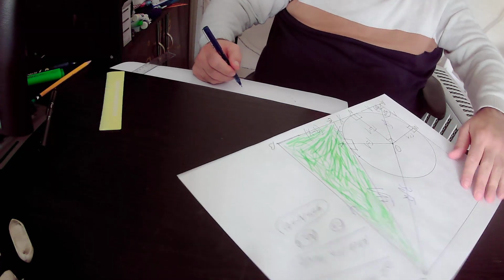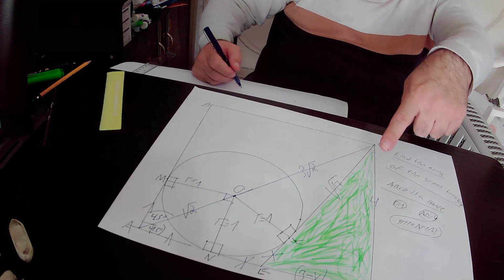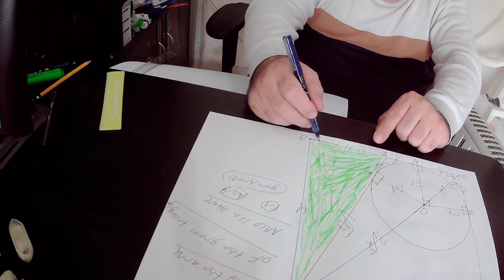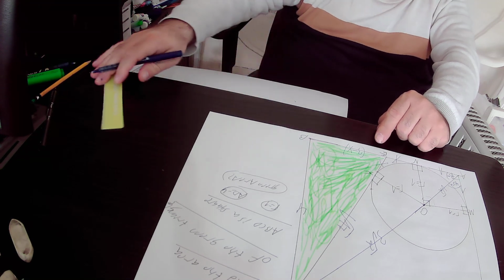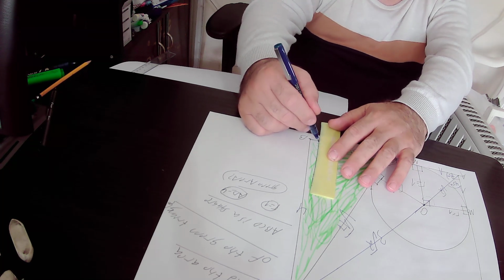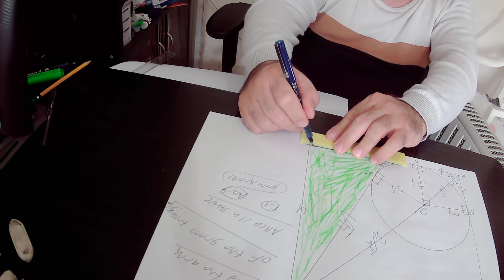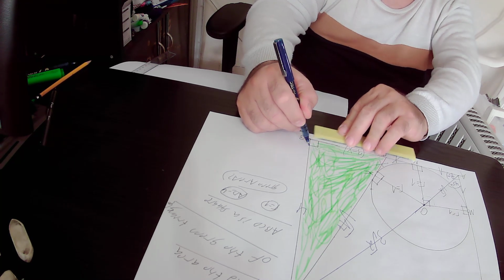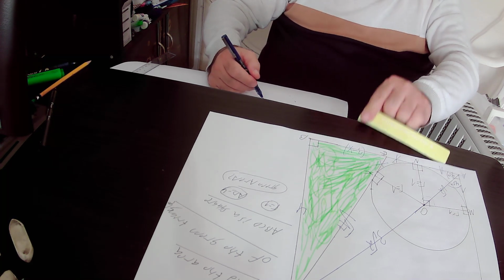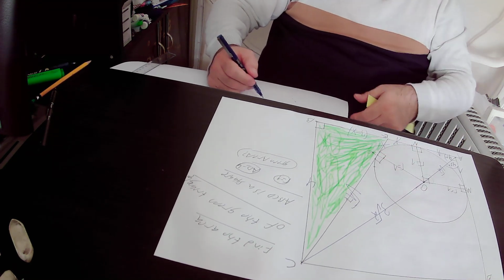So we will implement the Pythagoras theorem in the right green triangle, triangle CBE. Why is the green triangle a right triangle? Because this angle is one of the four angles of square ABCD, therefore it equals 90 degrees, it is a right angle. Therefore, triangle CBE is a right triangle.